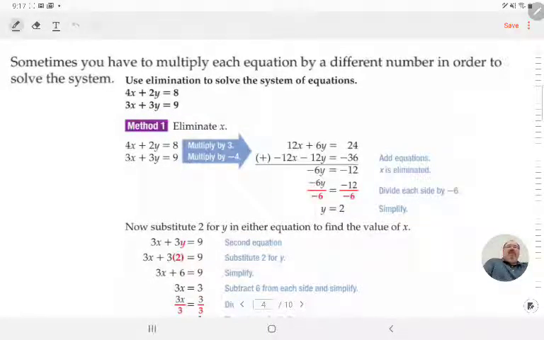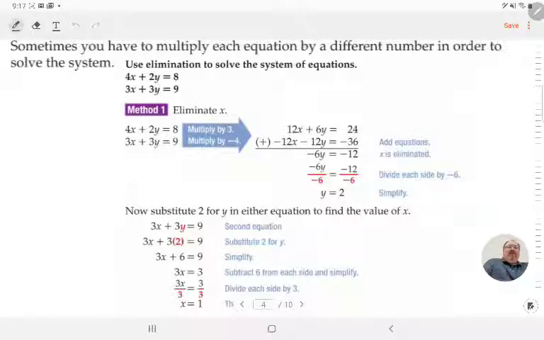Sometimes, though, you have to multiply each equation by a different number in order to solve the system. So, for example, we have 4x plus 2y equals 8 and 3x plus 3y equals 9. Well, there's nothing I could multiply to one of the equations to get terms that are opposite each other. So what I'll have to do is multiply each one in order to get a term that's the same.